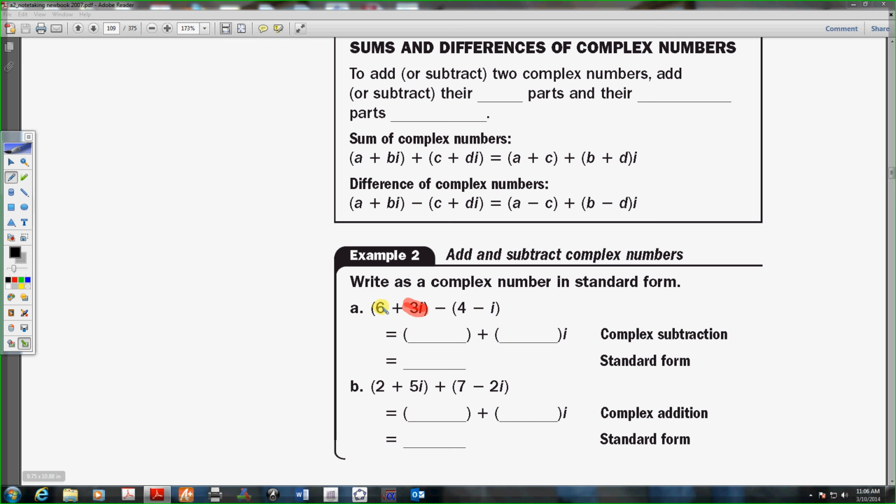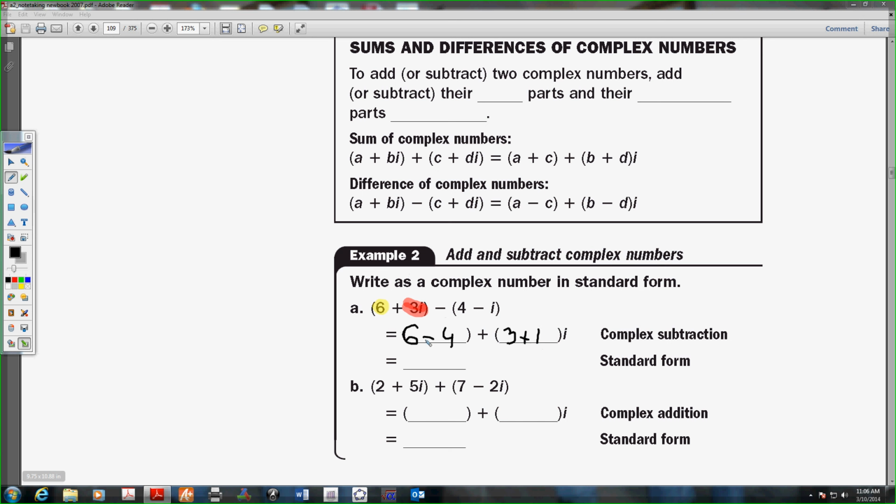So if we notice here, we have 6 minus 4, which is what? 2. If I skip a step, let's just put it here. It's going to be 6 minus 4 for the real part. For the imaginary part, it's going to be 3, which is the coefficient of this one, minus, it's minus, which is plus 1.